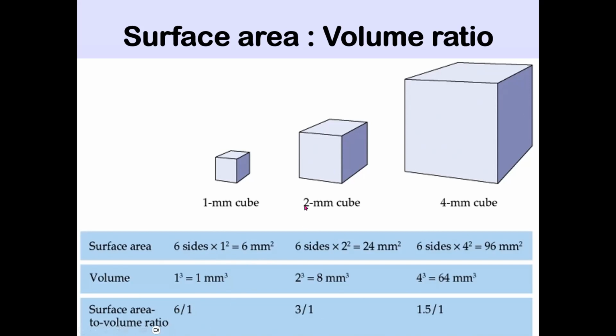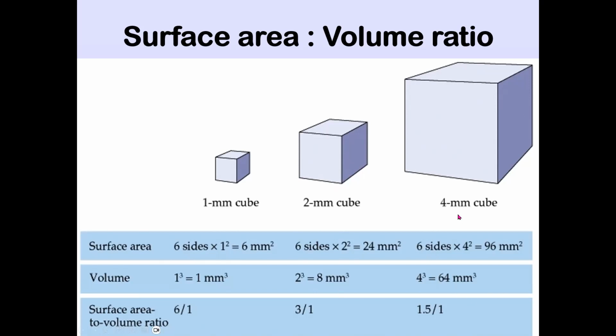I don't know why, normally the ratio is shown with 2 dots, but they're not in this case, this is fine. So a 2 millimeter cube is surface area, the area of 1 is 2 by 2 is 4, and there are 6 sides, so it's 24 millimeters square. The volume is 2 by 2 by 2, which is 8, so it's a ratio of 3 to 1.